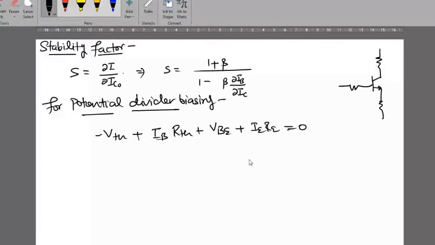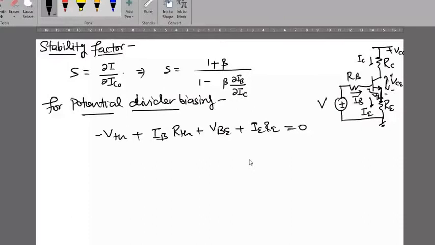Once I remember the circuit, then without having the exact circuit on my copy, I can write any equation directly. This is IC, this current is IB and this current is IE. This is VCE plus minus and this is VBE plus minus. So I wrote this equation, and this is VTH and this is RTH: VTH minus plus IB RTH plus VBE plus IE RE equals 0. Understood?